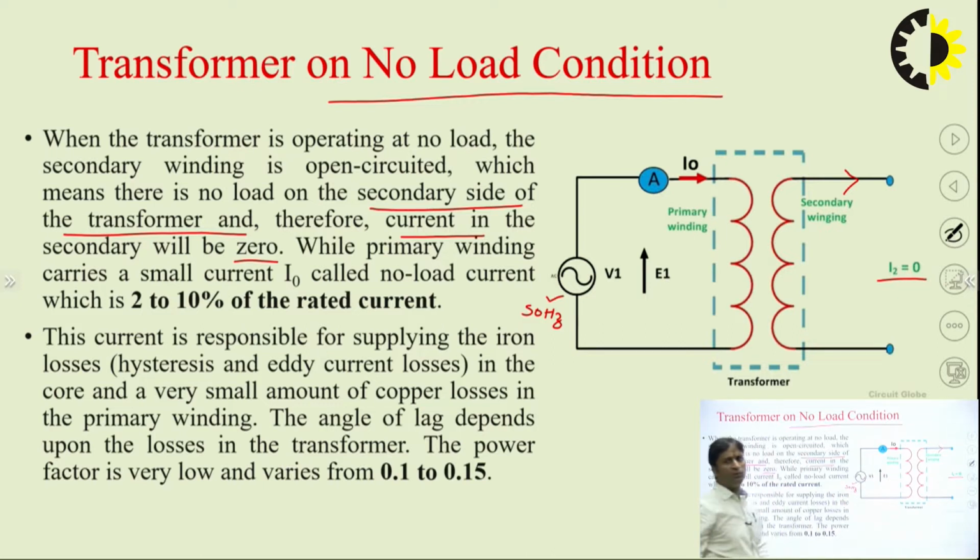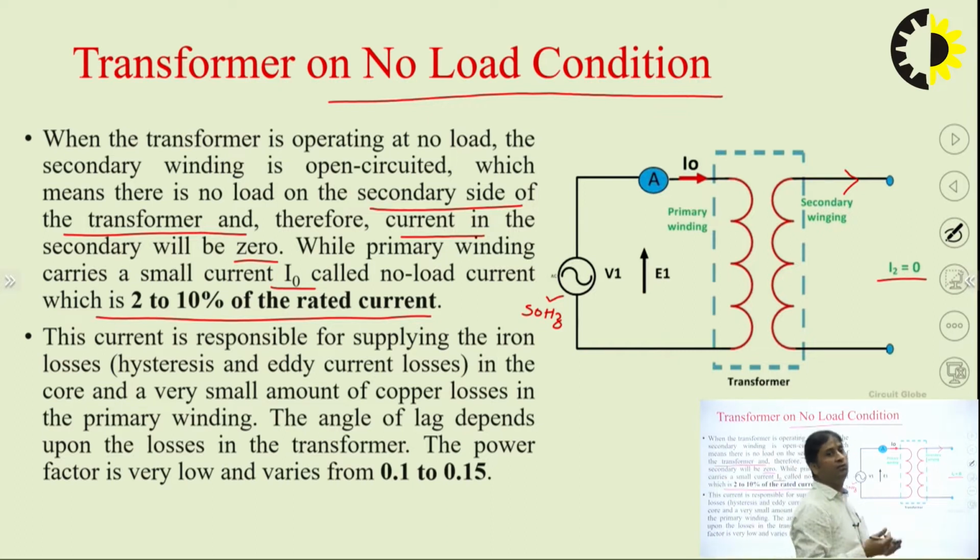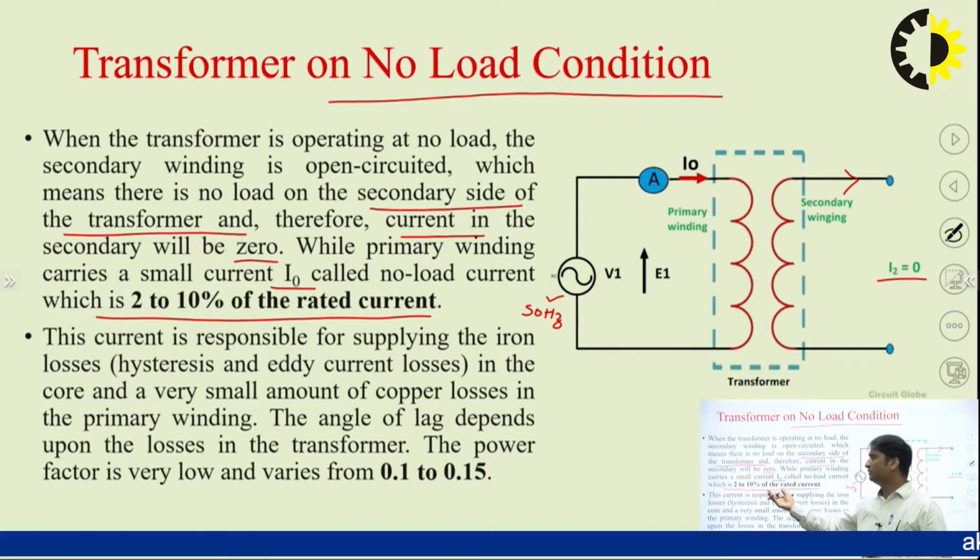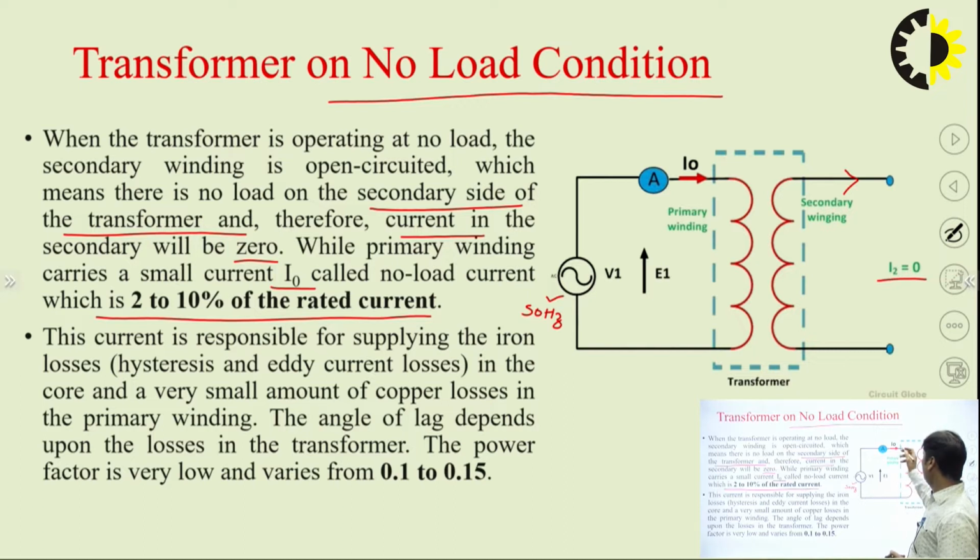In that case, the primary winding carries a small current I0, which is called the no load current, and its value is almost 2 to 10% of the full load or rated current. If the full load current is 10 ampere, it is 2% to 10% of that, which is quite low. This current I0 flows through the primary winding.